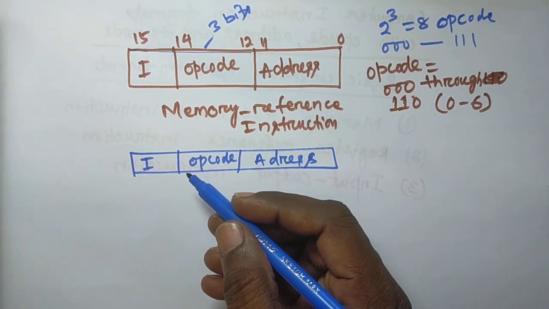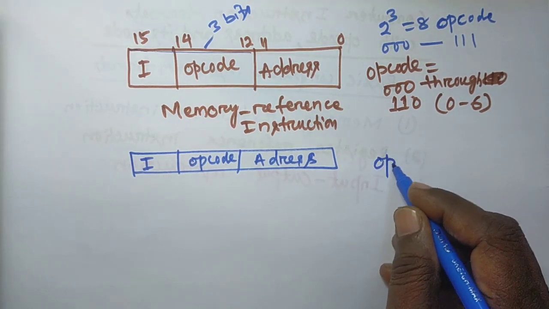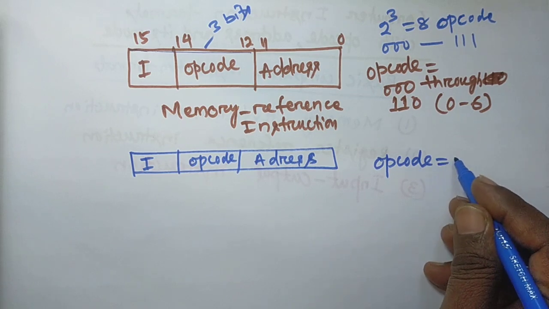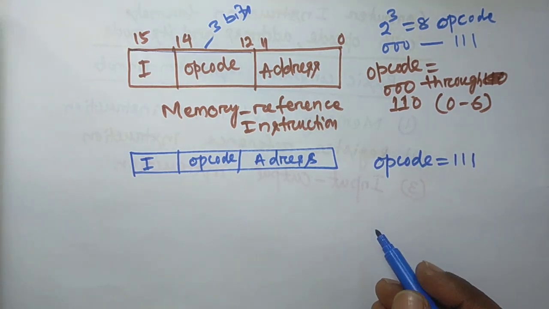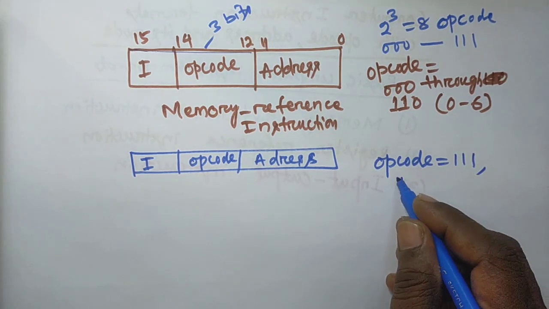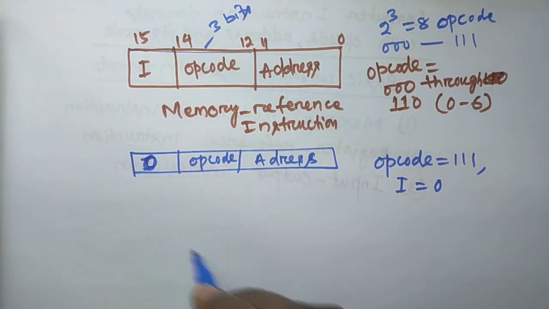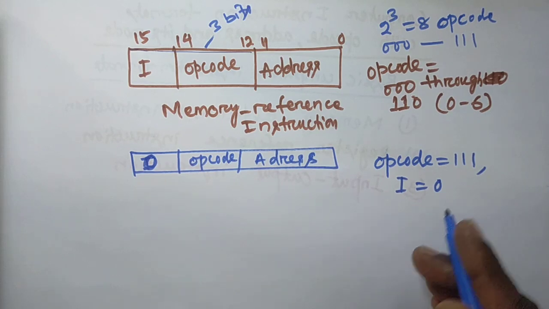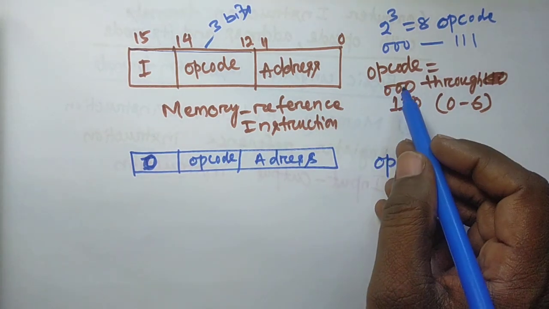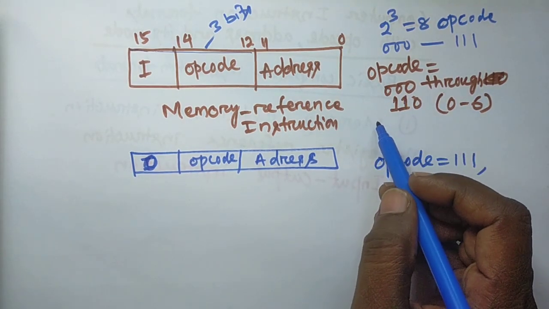But if opcode is equal to 111 and I is equal to 0, that means this will be 0, suppose, okay, opcode is 111, but here is a memory reference case.